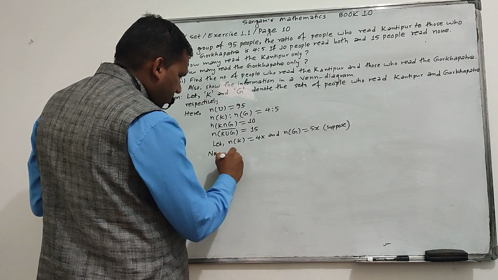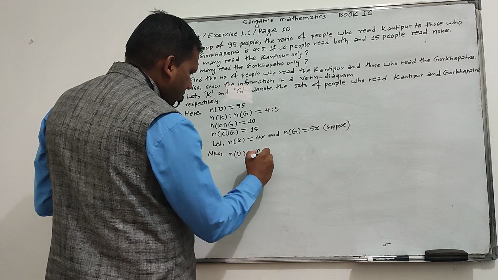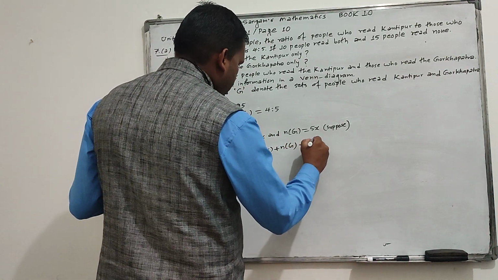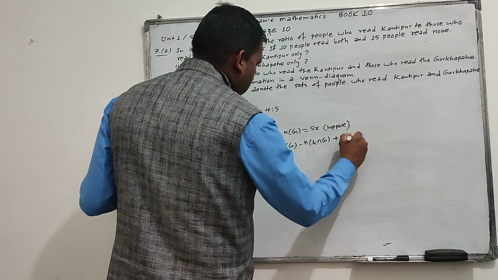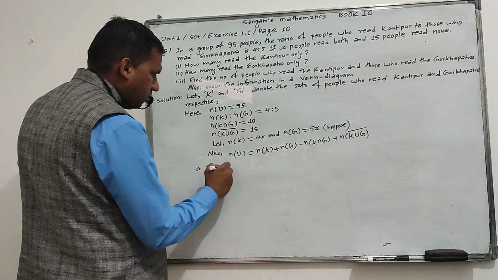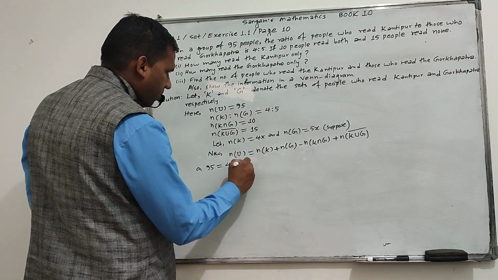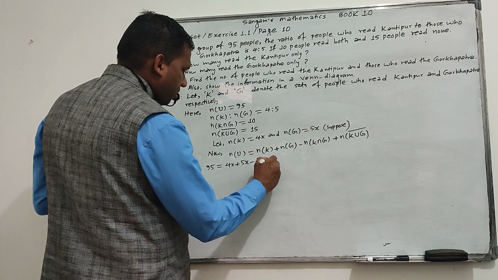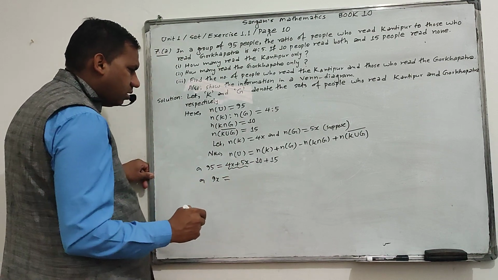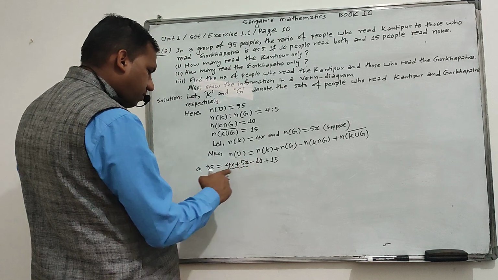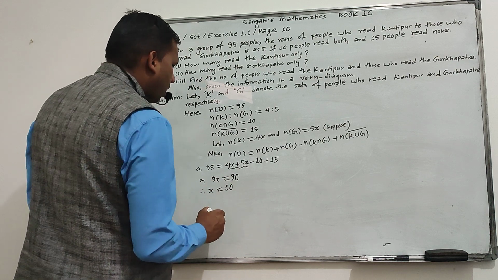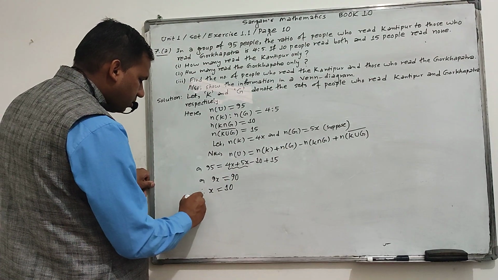Now you know that number of U equal to number of K plus number of G minus number of K intersection G plus number of K union G whole complement, or 95 equal to 4x plus 5x minus 10 plus 15, or it becomes 9x equal to 15 minus 10, 5, 95 minus 5, 90. Therefore, x equal to 10.